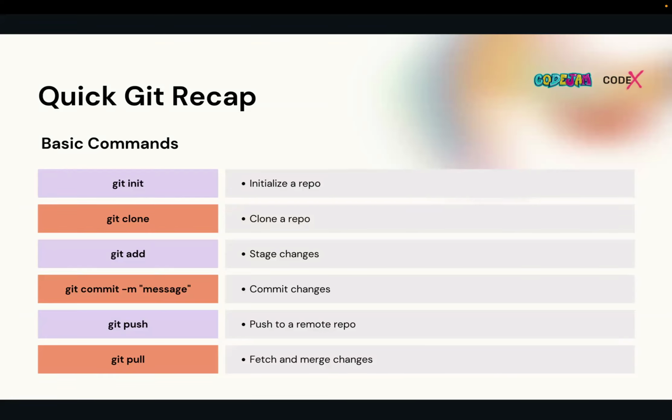Then we have git commit. Git commit is the main way of updating the local repository that we are maintaining in our local environment. This is very essential, because when we commit a bunch of code into a local repository, from that point onwards we consider that chunk as a commit.